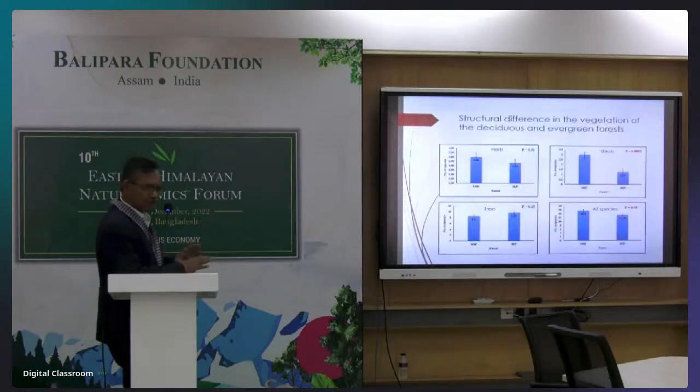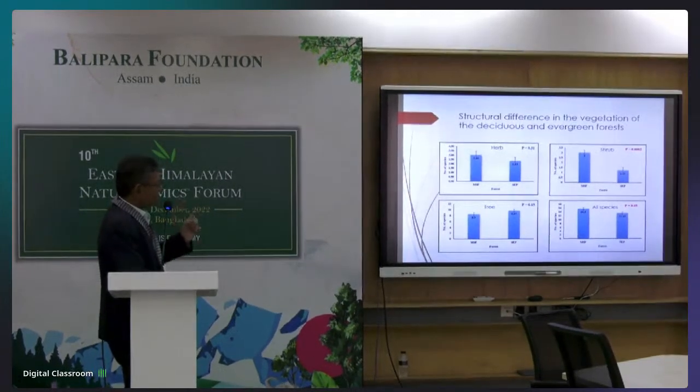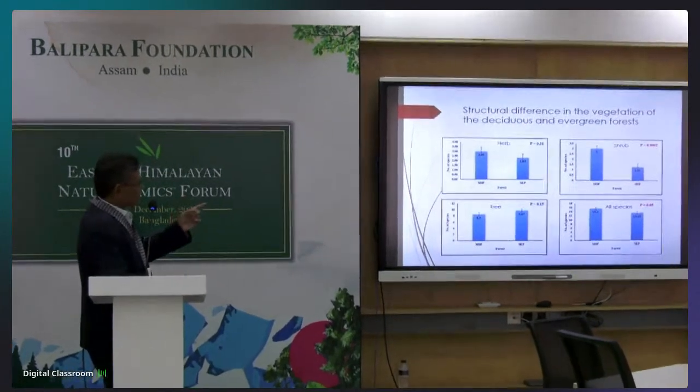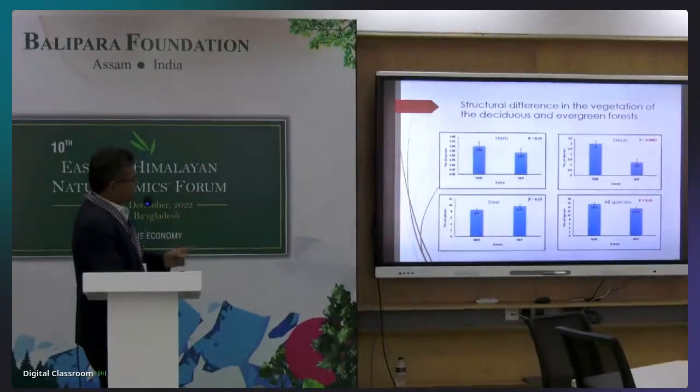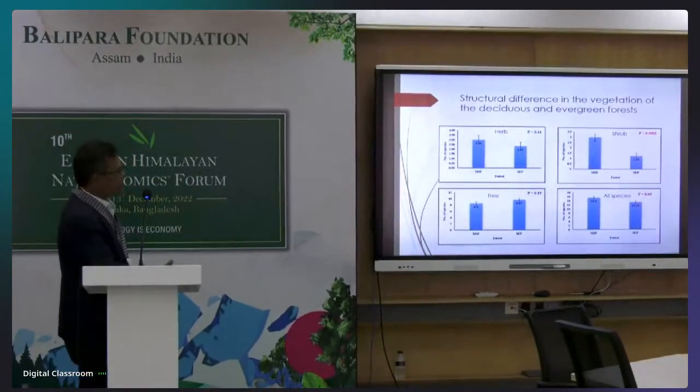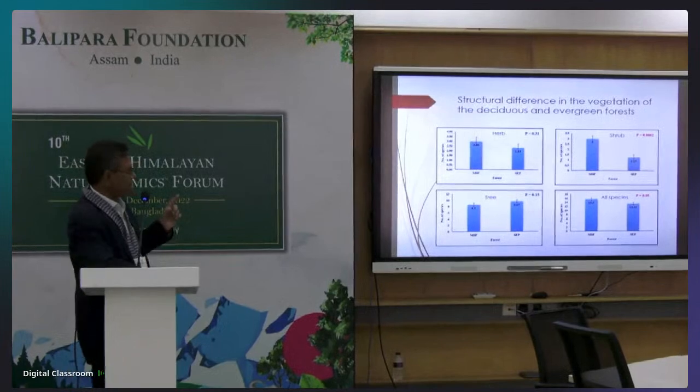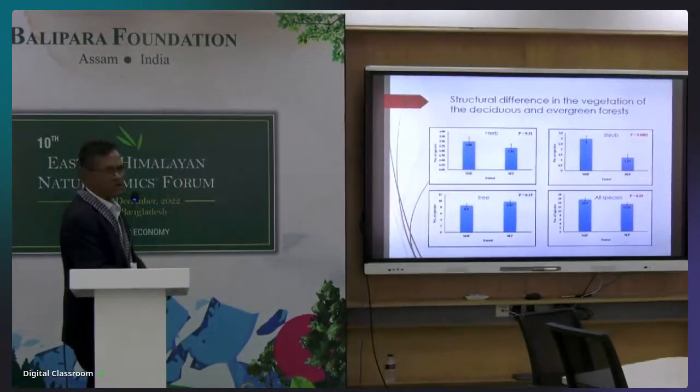So in case of diversity distribution, we find differences between the forests. And if we compare two forests, Madhupur Forest and Chittagong Hill Tracts Forest, then we find that the diversity is much more in the Madhupur shal forest, but tree diversity is higher in the Chittagong hill forest.